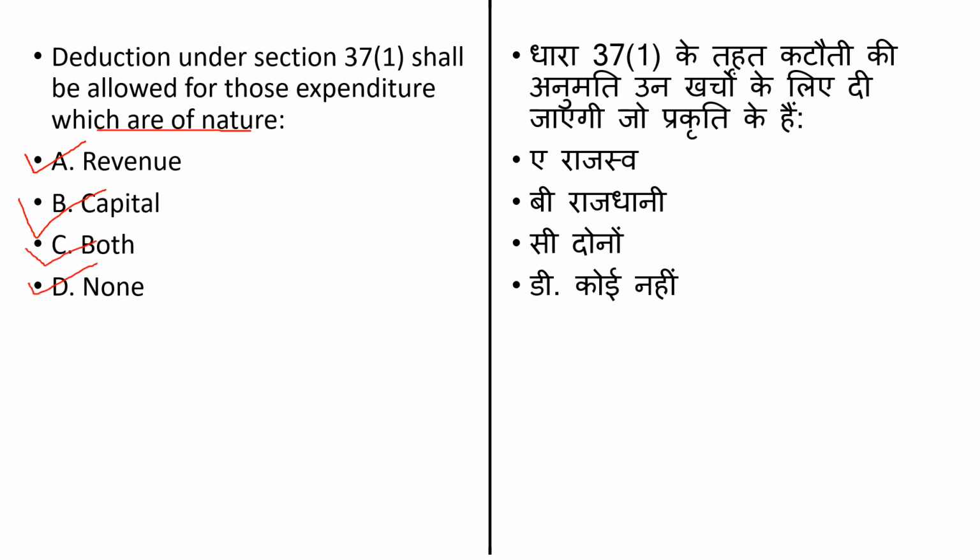Section 37 clause 1 says that any expenditure laid out or expended wholly and exclusively for the purpose of a business or profession shall be allowed in computing the income chargeable under the head profits and gains of business or profession. So here the correct answer will be option number A. Deduction under section 37 clause 1 shall be allowed for those expenditures which are of the nature of revenue.